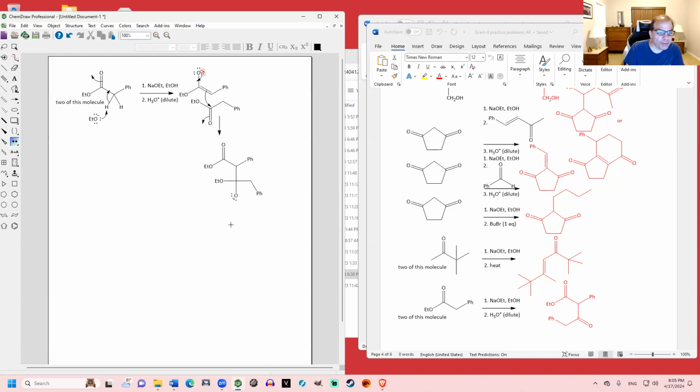And now, because this is a Claisen condensation rather than an aldol condensation, we now have a decent leaving group on that carbon. So we don't protonate the oxygen, but rather we lose the leaving group.